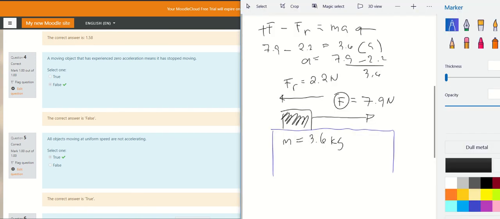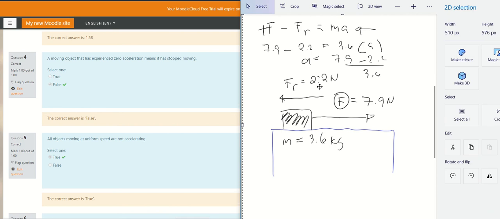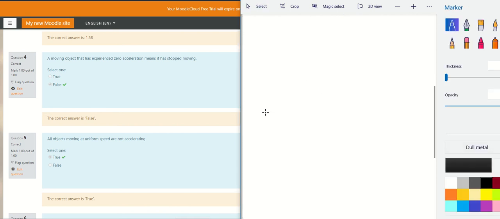Okay, so is this true or not true? All right. So for example, this is your road and this is you walking, and you're going this way. So it says here that your acceleration is 0.